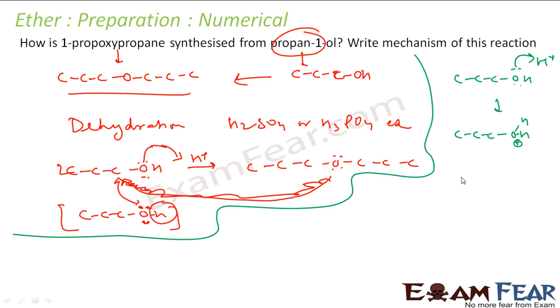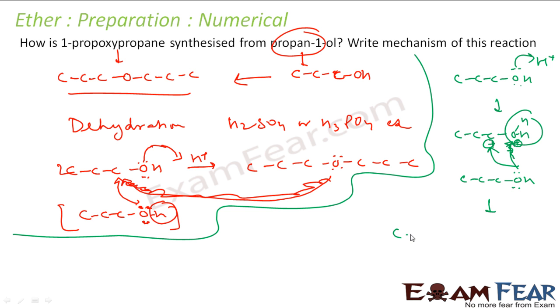Correct. Now there will be a nucleophile. The nucleophile is nothing but my propanol here. This will be attracted towards this positive charge. Or I can remove H2O from here. This carbon will get a positive charge. It will get attracted towards this carbon here.